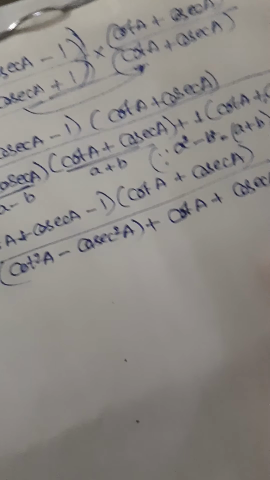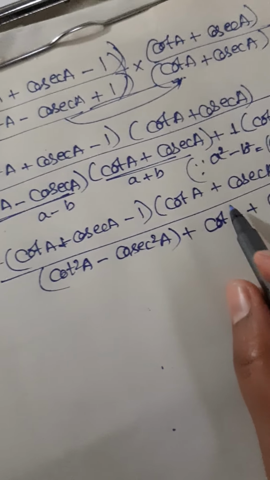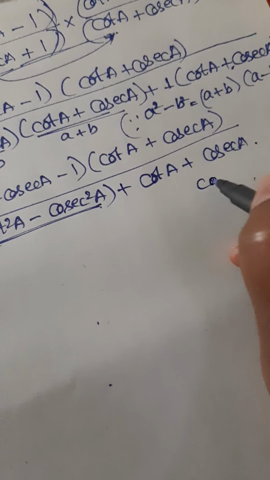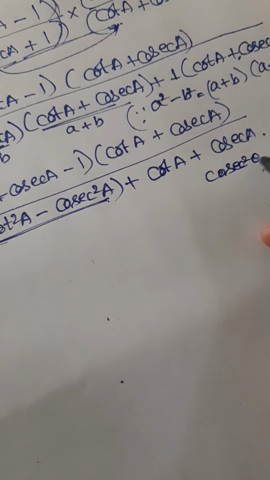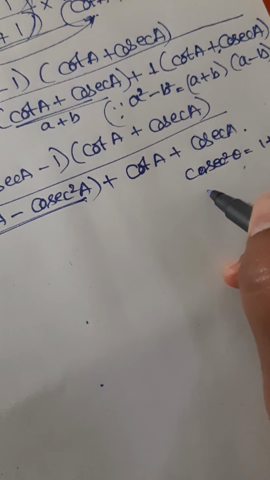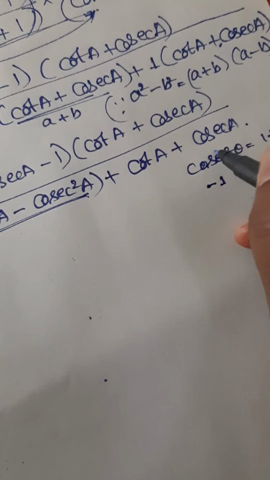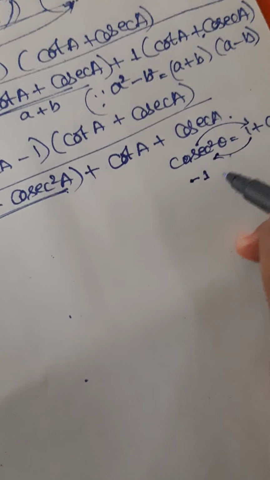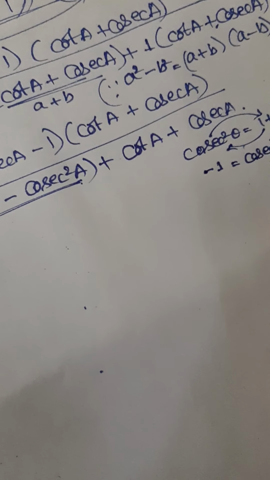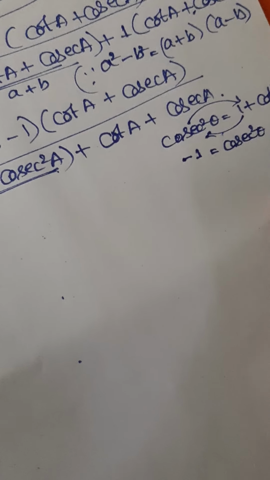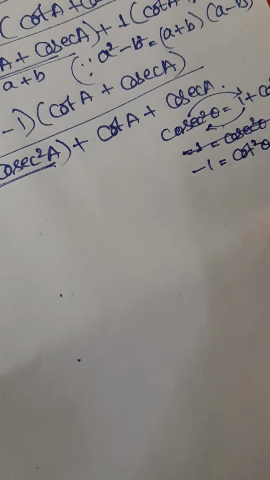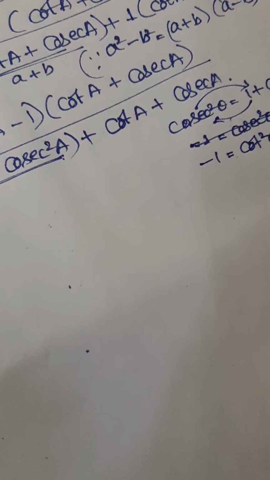Okay, how can we solve this one? We know one identity, which they have also given in the hint: cosec square theta is equal to 1 plus cot square theta. Let's take this one on this side and that one on the other side. So minus 1 is equal to cot square theta minus cosecant square theta.